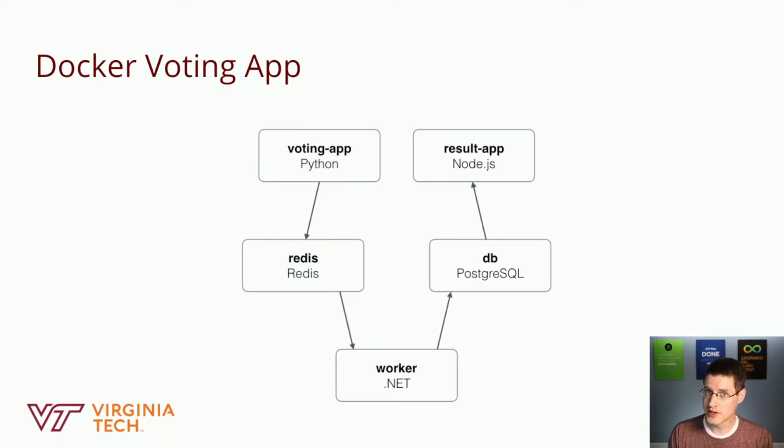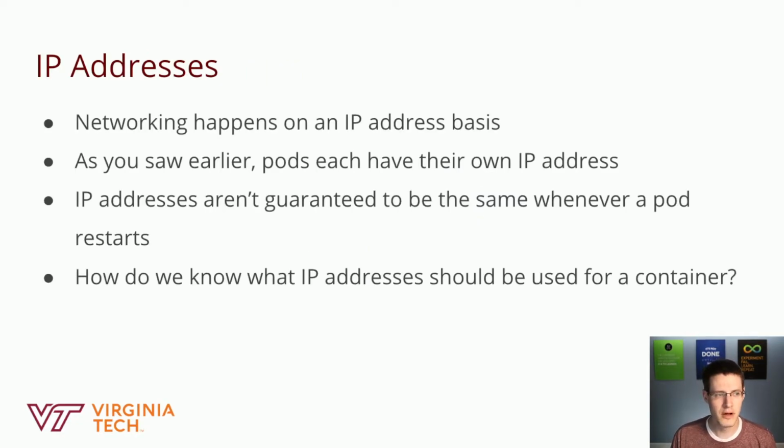As we saw last week, or when we were working on pod stuff, every application, every container has its own IP address. But those pods aren't guaranteed to have the same IP address if you restart the pod. In fact, most of the time they aren't. So how do we know what IP address we should use for a container?